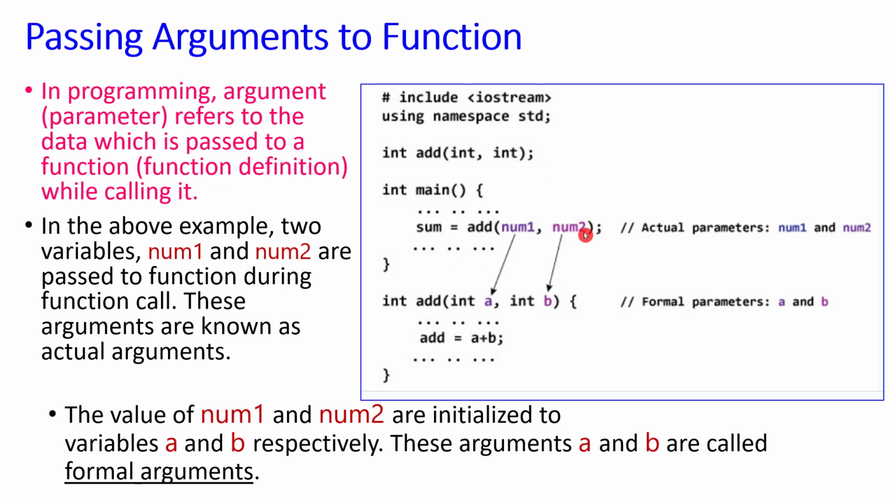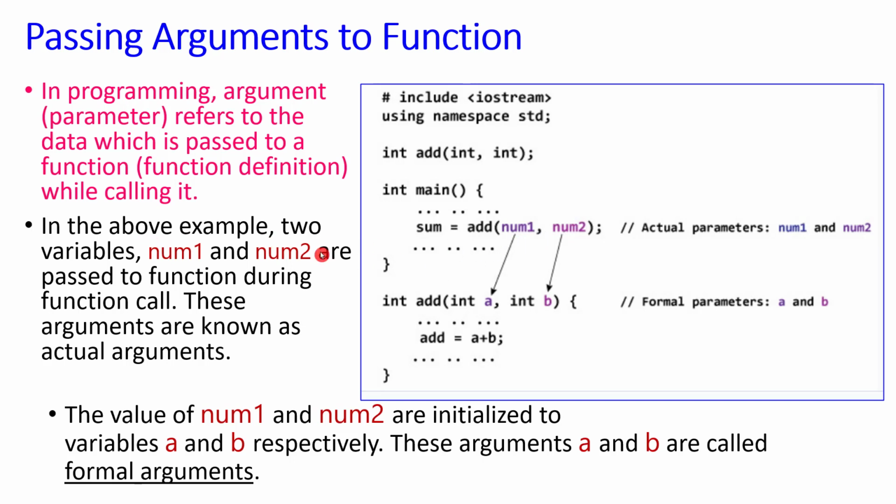So when you see this program inside the main function, the calling parameter is called the actual parameter, and the parameter which accepts the call is called the formal parameter. So mainly you are calling a formal parameter by using the actual parameter. You can remember it in that way.